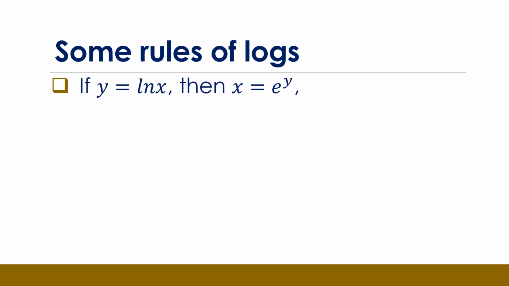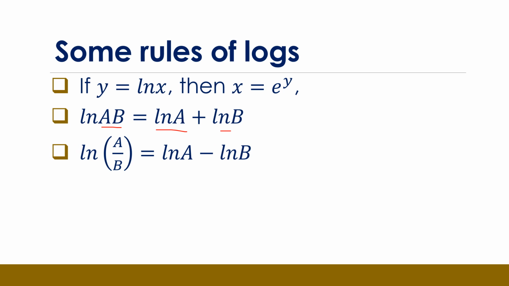If y is a natural log of x, then x is written as an exponential function of y. And if we want to get the logarithm of a product, then the logarithm of a product AB is simply equal to the sum of the logarithms. The logarithm of a quotient is simply equal to the difference between the logarithms.